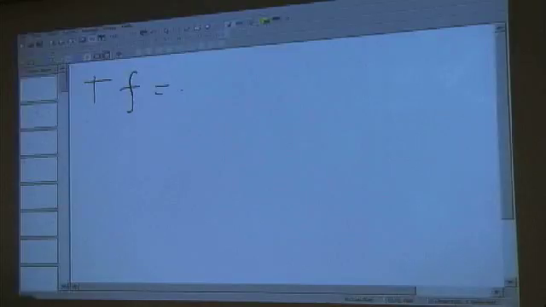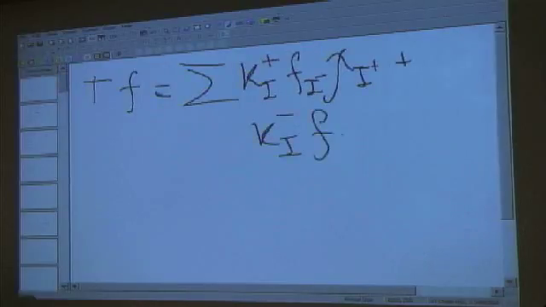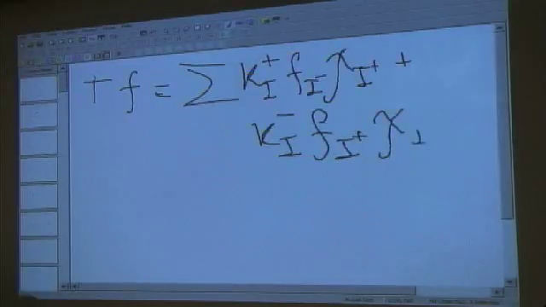Again, it's T of F equal to the sum of K_I plus, the integral of F over I minus, times the characteristic function of I plus, plus K_I minus, the integral of F over I plus, times the characteristic function of I minus.